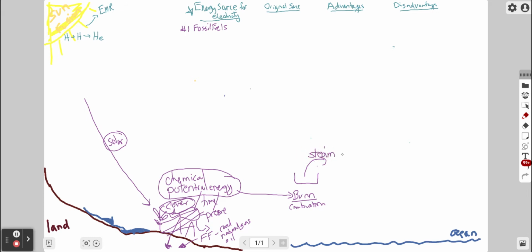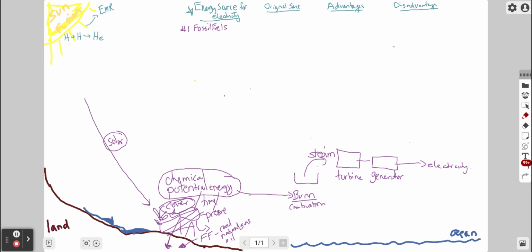We're trapping that steam and using it to turn our turbine, which is attached to our generator. And it's the generator that is creating the electricity.